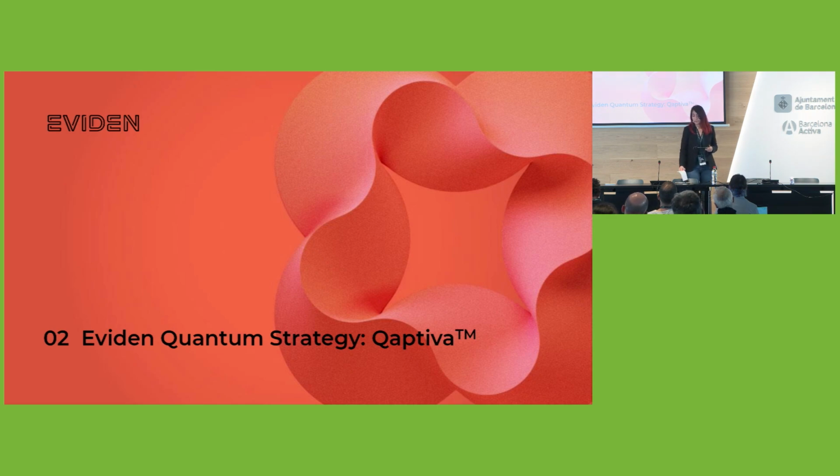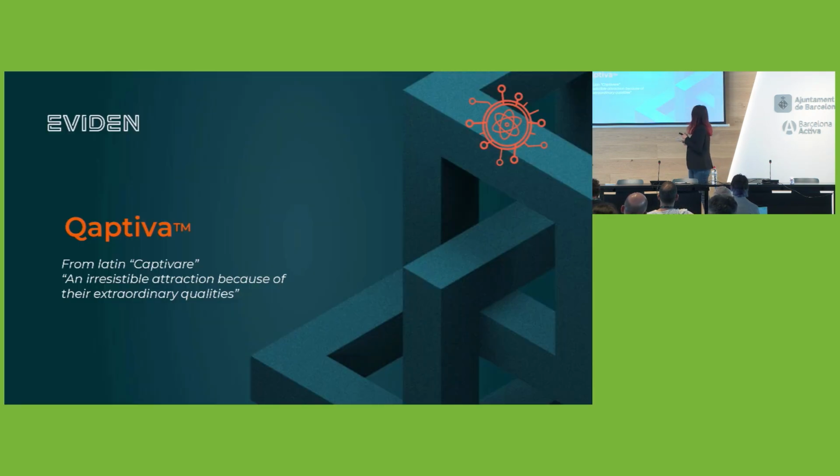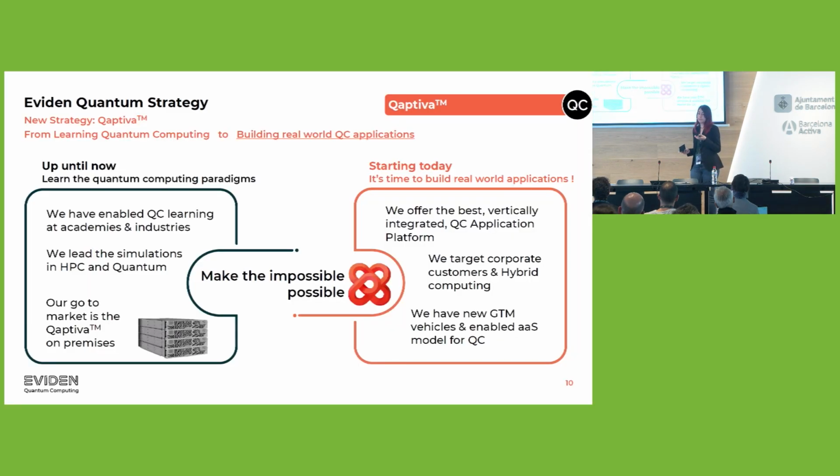Now I will discuss the Eviden strategy. The name Qaptiva comes from a Latin word, captivare, meaning an irresistible attraction because of extraordinary qualities.